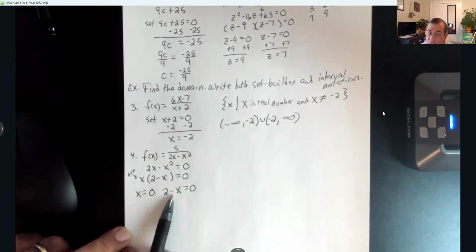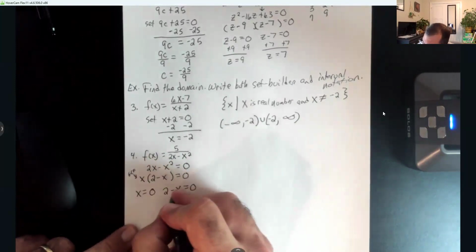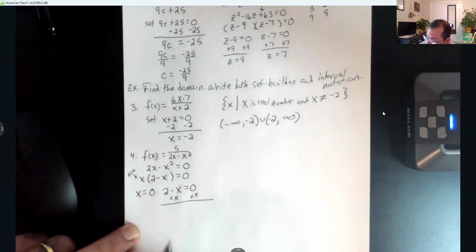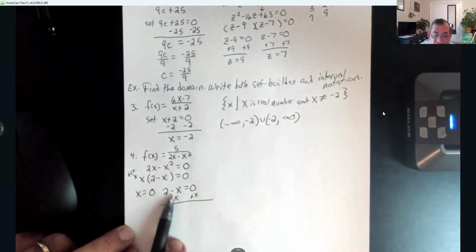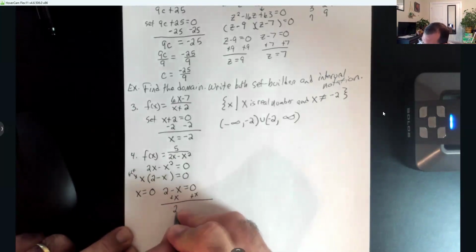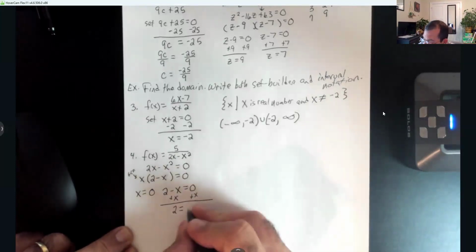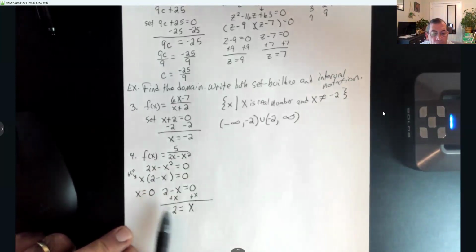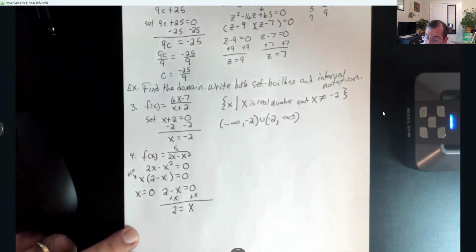And y'all, I'll tell you the quickest way to solve this one would be to add x to both sides. Because since your x is negative on this side, if we add an x, all we got over here is 2 now. And 0 plus x is x. So we get 0 and 2 as the two numbers we got to kick out.